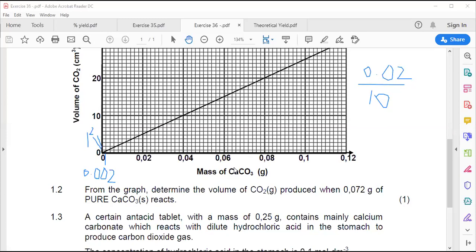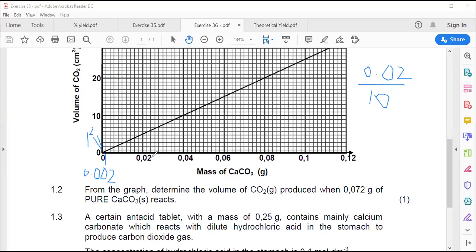Okay, now you go to your graph and you check where 0,072 is. But when you look at the numbers here, you don't have 3 decimal places. So what are you going to do? Try to put in 3 decimal places.